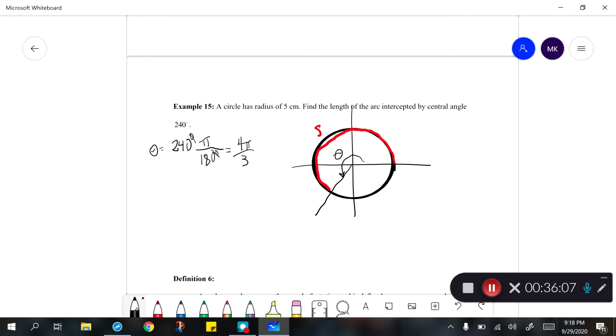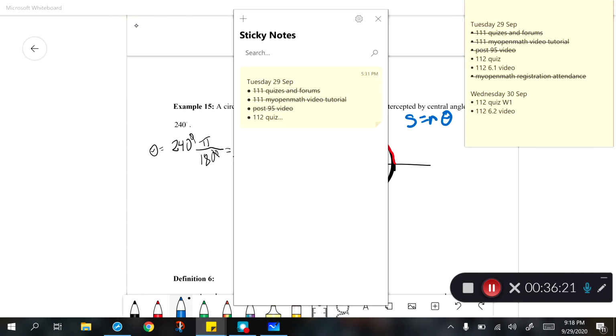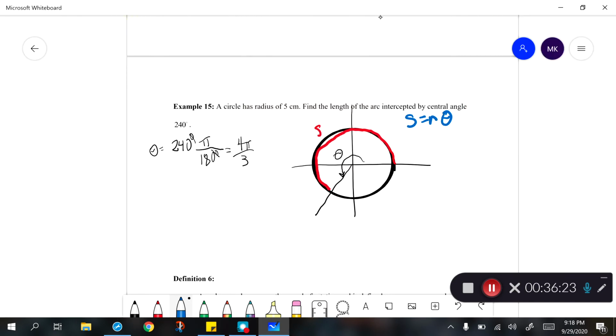Well, all we have to do is very simply follow the formula. I'll do this in blue, because I can. S is equal to R theta. What's R? R is the radius, which in this problem was 5.